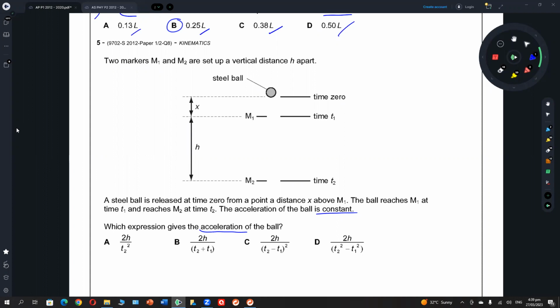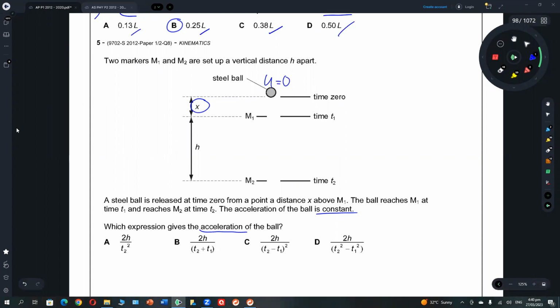Let's solve for x first. Now select an equation. I need height, I need time. I do not need velocity v, the final velocity. I have u as 0, that's fine.